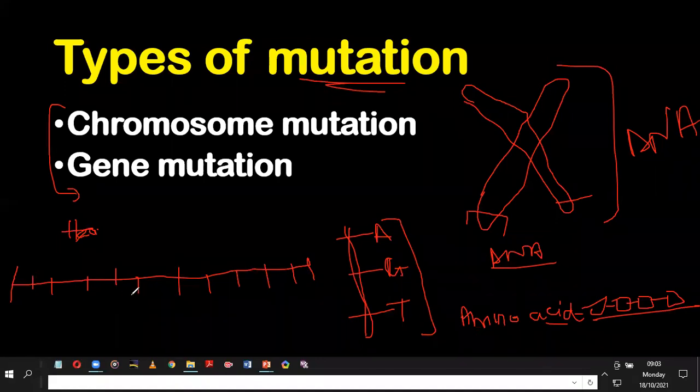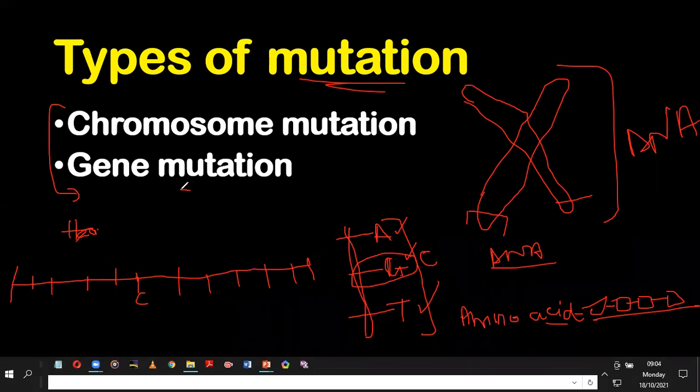So if something happens and you change this base, maybe where there was G, you remove G, and you put C. Don't ask me what A, G, or T is. You don't need them, but let's use them to illustrate. Where there was G, you put C. Everything is going to change.